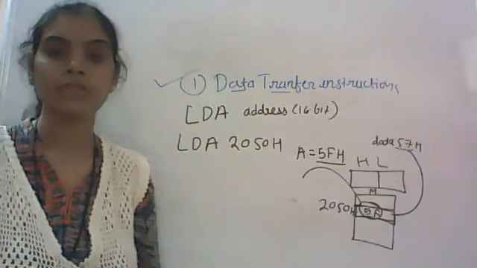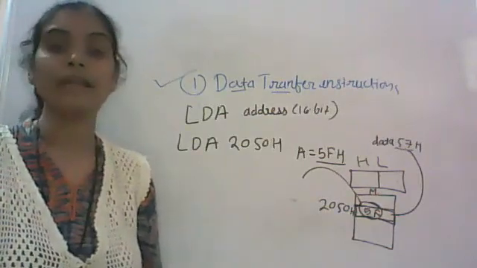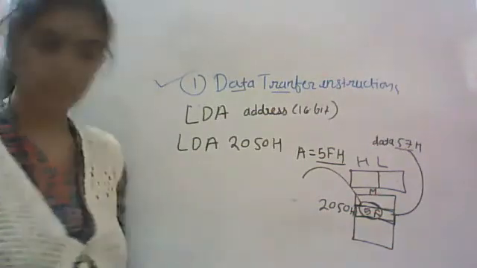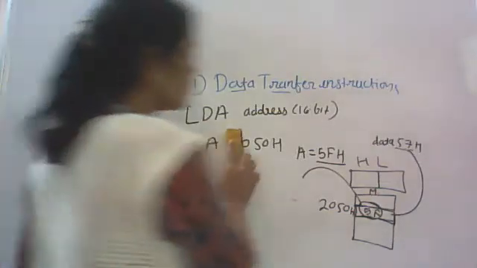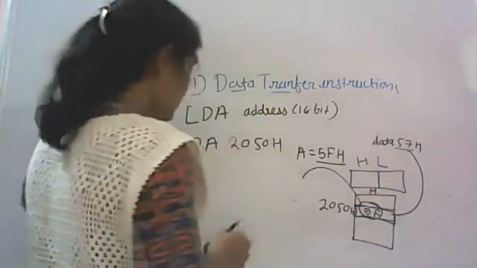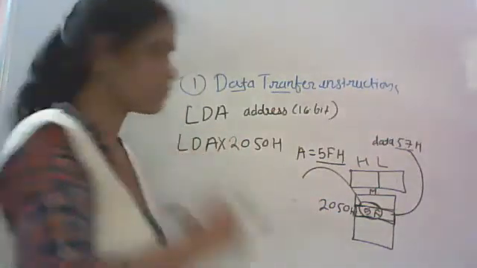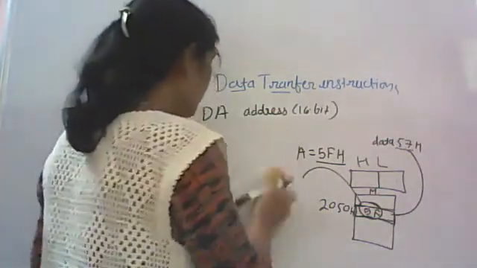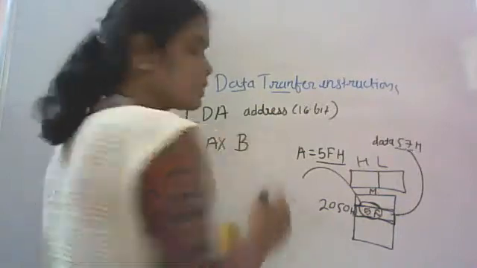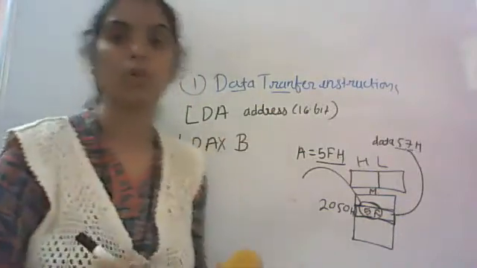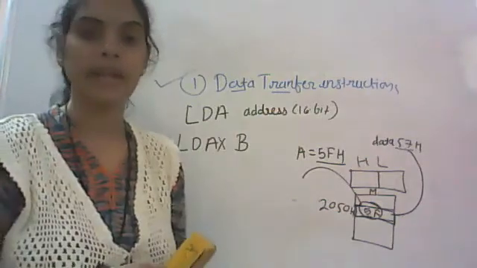After that, next instruction, that is LDAX instruction. Here we use the LDAX B, load accumulator indirect.